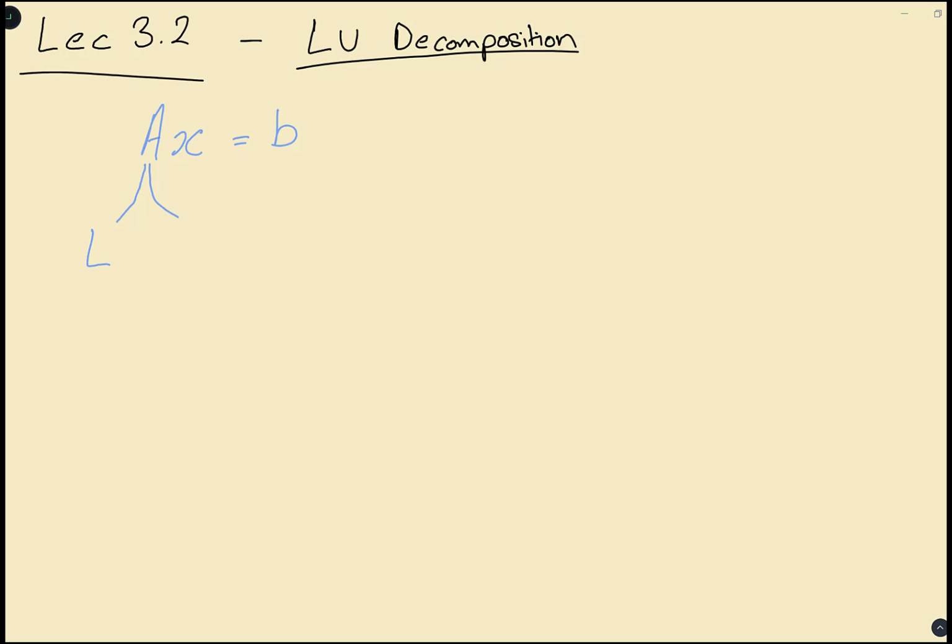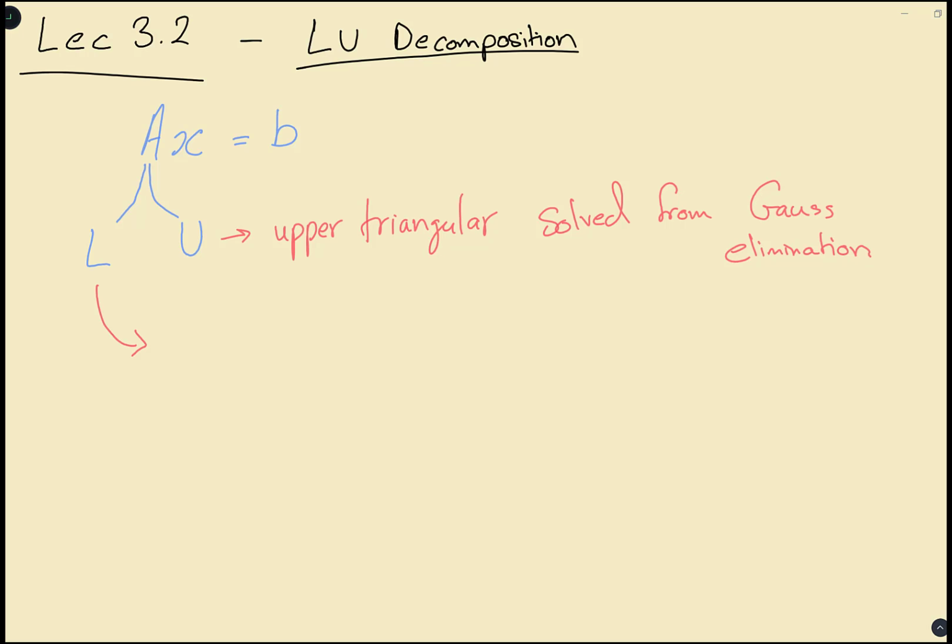Now we're going to decompose this matrix A, the coefficient matrix, into a lower triangular matrix and an upper triangular matrix. The upper triangular, as I mentioned before, is solved using Gauss elimination. And then the lower triangular is solved using the steps we took to get the upper triangular matrix, and you'll see how we do that in a second.